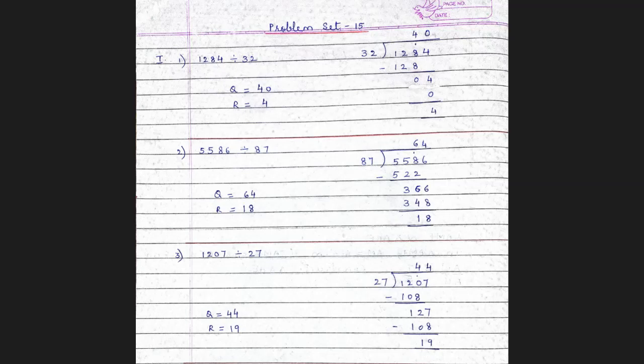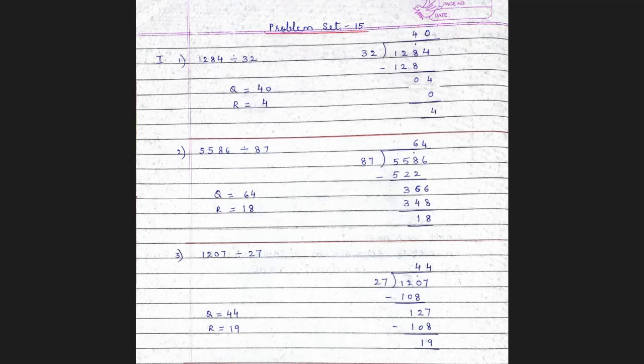In case you are getting a bigger number, then you have to take the number which is smaller than that. Now for example, if I were to do 87 into 7, I would get a bigger number than 558 and therefore it's not possible. That is why I take the lesser number which is 6. So 87 into 6, I get my answer 522.